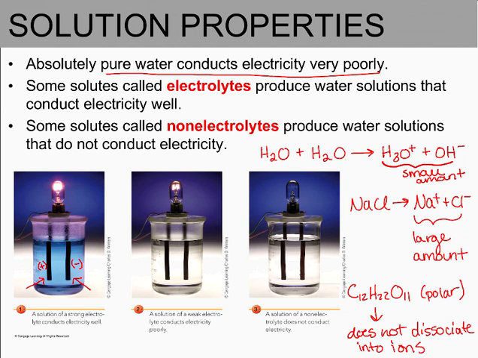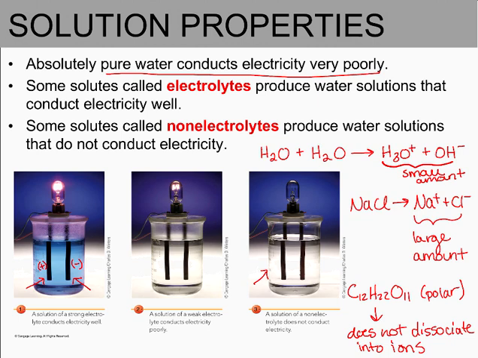So that would be considered a non-electrolyte, and it's not going to produce a current just due to the fact that it doesn't produce ions in solution. So an example of that is shown over here, where this would be a non-electrolytic solution.